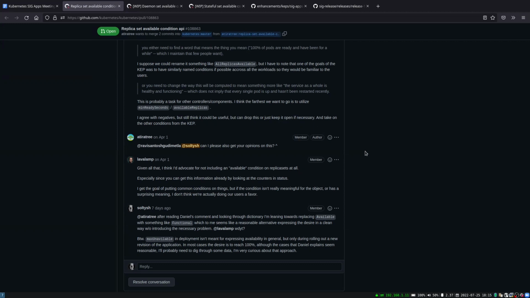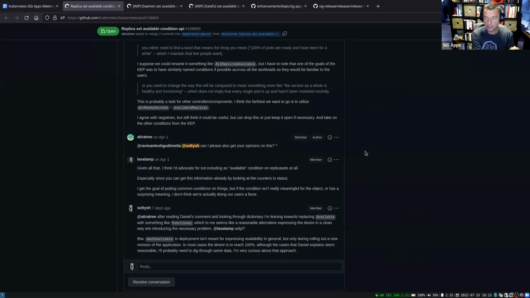So in case of other workloads like the deployment, we would also be considering introducing this condition as well here. Yes, that's my understanding. We would be introducing whether that would be functional, operational, whatever the name we come up with, it would apply equally across the board.